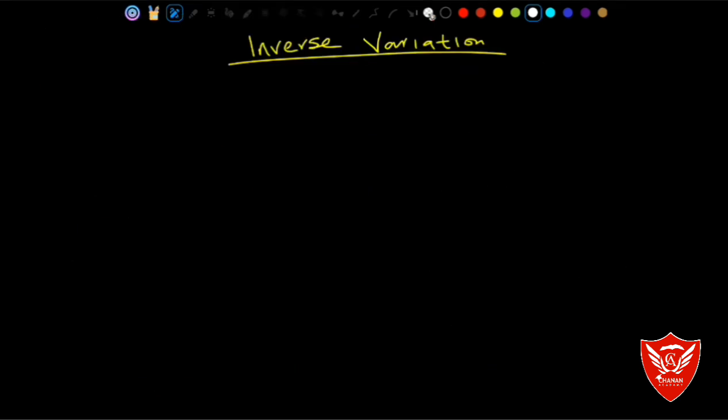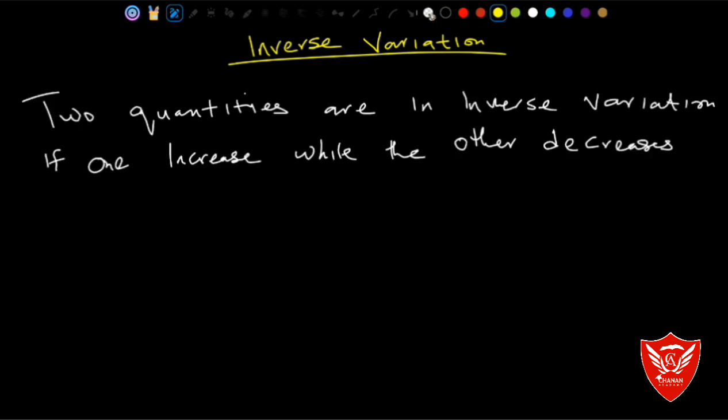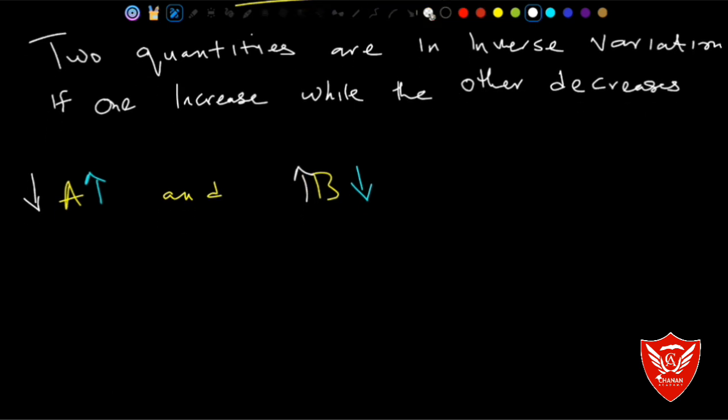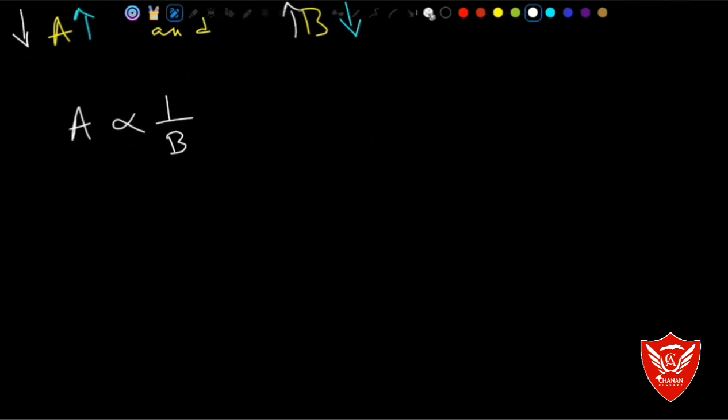Inverse variation. Two quantities are in inverse variation if one increases while the other decreases. That is, if we have two quantities a and b, when a increases, b decreases, and if a decreases, b increases. So their relationship is inverse, and if we say a is inversely related to b, we can put it in this format: a is proportional to 1 over b.